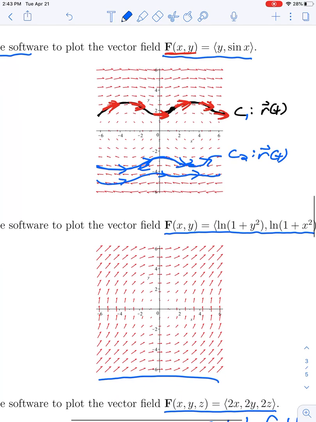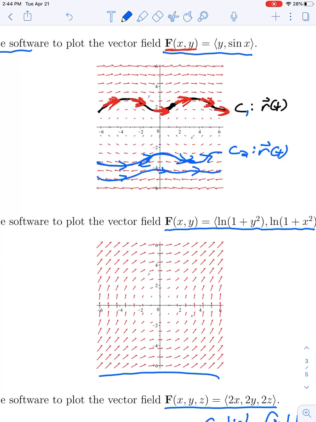So for the second example here, where we've got this vector field, if we were to consider a curve that described the path of an object moving in this direction, let's call that curve C1, we would think that the line integral over that curve of this vector field with respect to r would be a negative value.